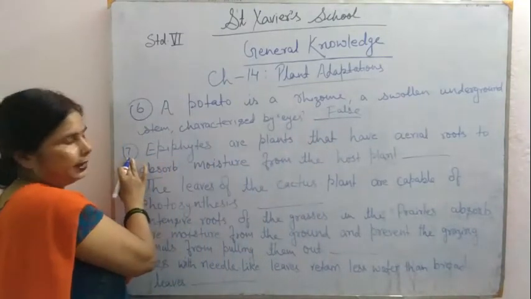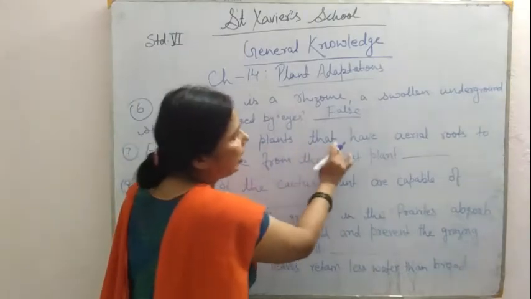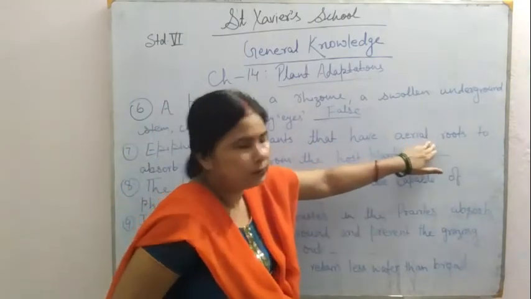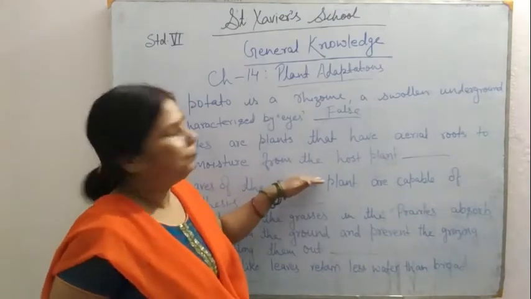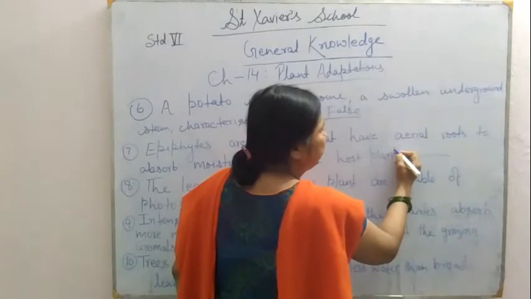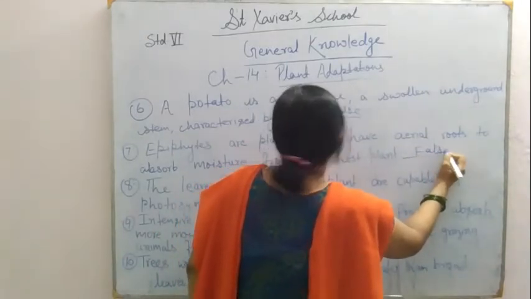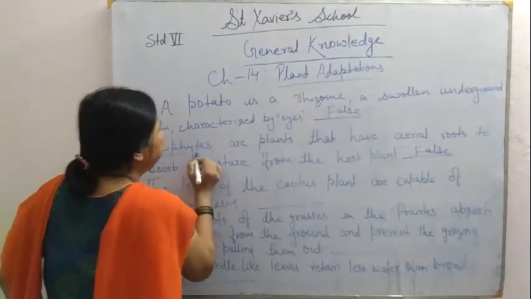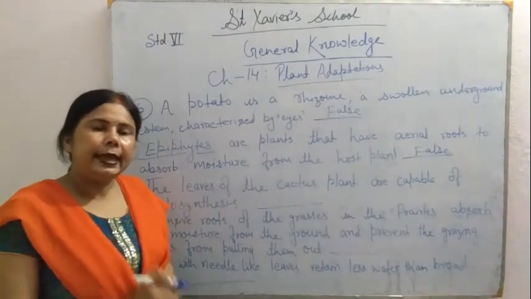Our next question is, epiphytes are plants that have aerial roots to absorb moisture from the host plant. This is a wrong statement. False. Actually, what are epiphytes? Do you understand what are epiphytes?